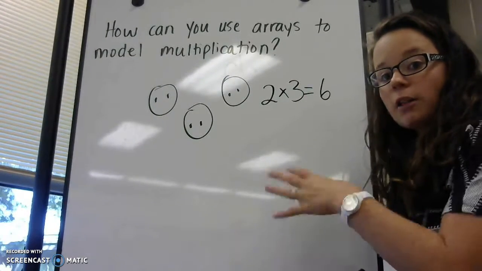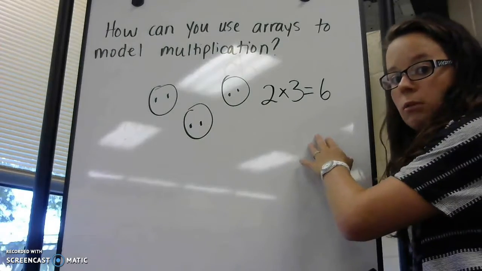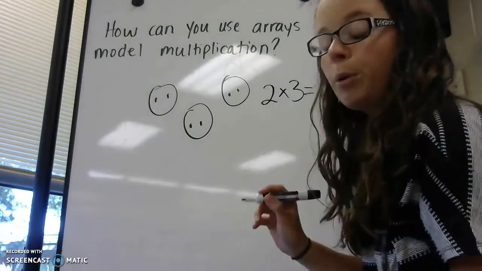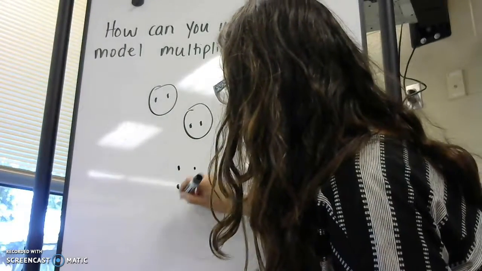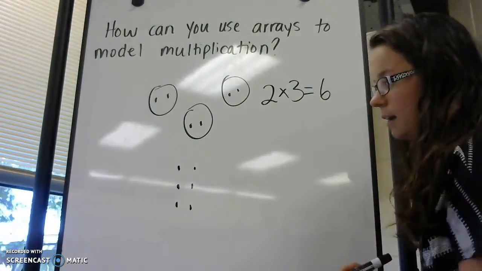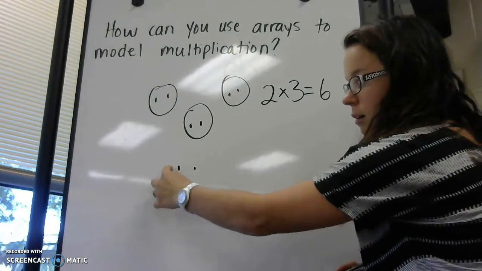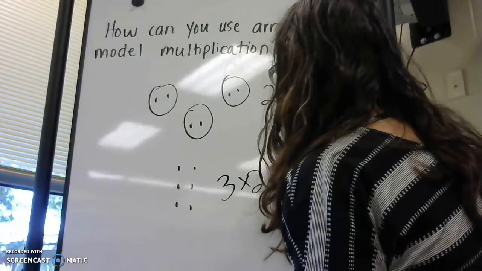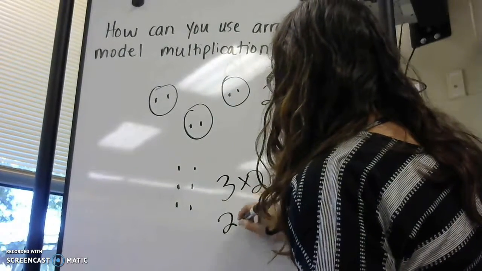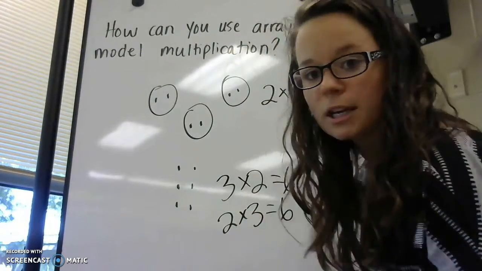An array is another way we can show this exact problem, but this time I'm going to put the dots into equal rows. So again, I can see that there's 3 rows and there's 2 across. That's showing 3 times 2 equals 6, or you can flip them around, 2 times 3 equals 6.